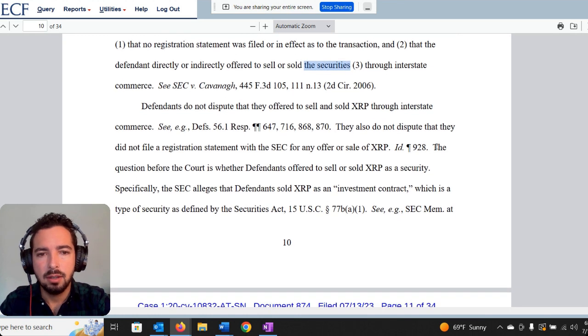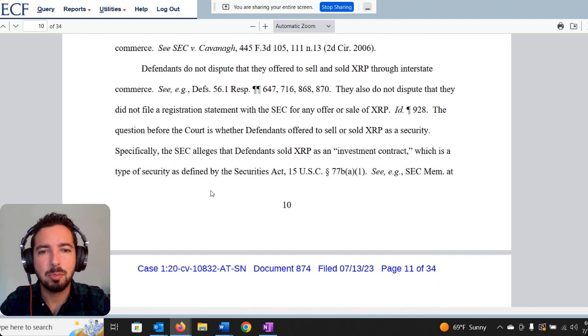Specifically, the SEC alleges that the defendant sold XRP as a, quote, investment contract, which is a type of security as defined by the Securities Act, Title 15, U.S. Code, Section 77b, subsection (a)(1).